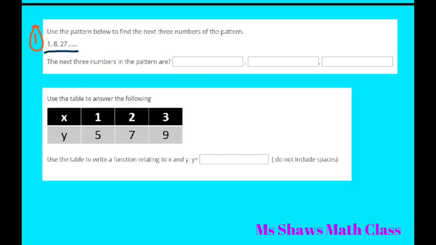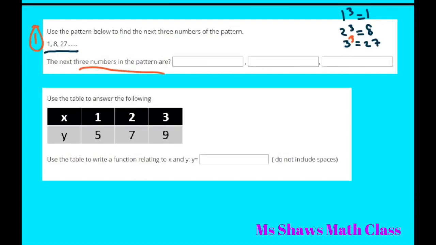This one is going to be hard if you don't know your cubes. Right away you should notice, if you don't overuse the calculator, that 1 cubed equals 1, 2 cubed equals 8, and 3 cubed equals 27. We want the next three numbers in the pattern.